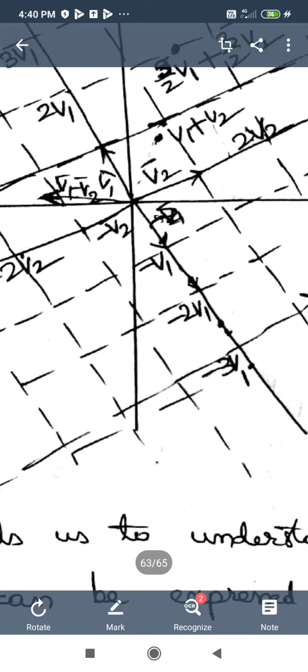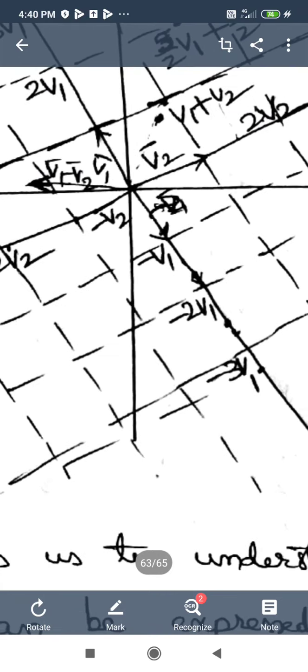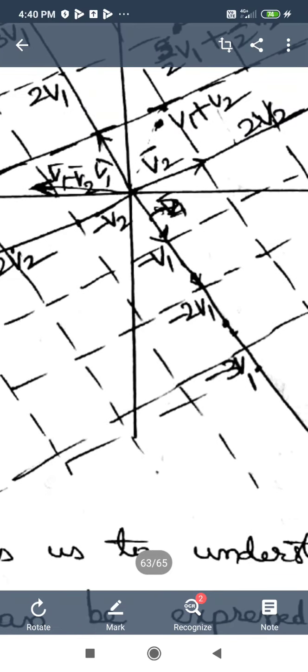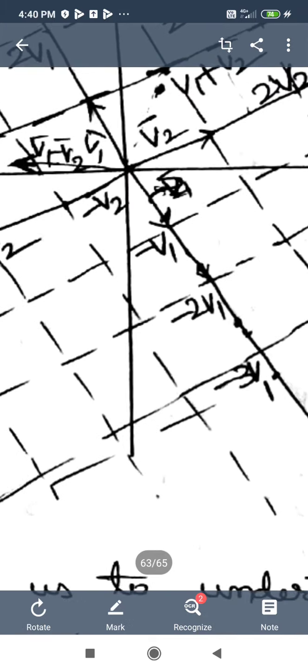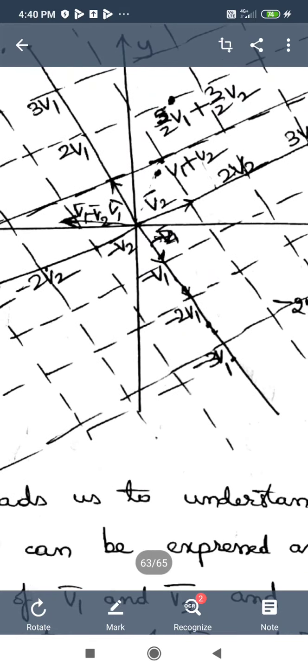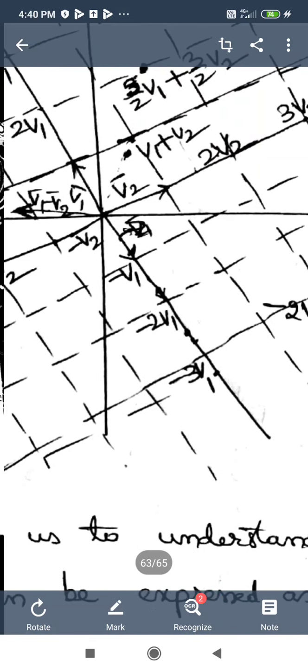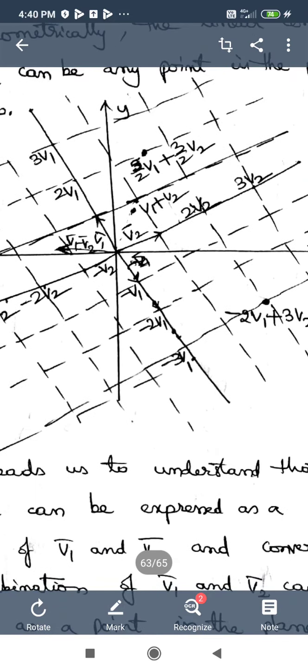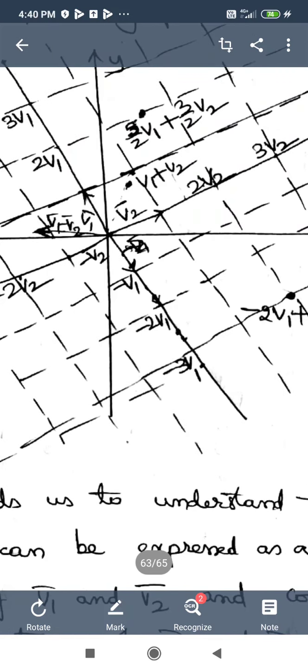When v2 bar is in the first quadrant, automatically its negative vector will be in the third quadrant with opposite direction, and that is how it is the negative vector on the other side of it. So it is minus v2 here. And on the same line, as we have seen in the first example, all the scalar multiples of v2 bar lie on the same line.